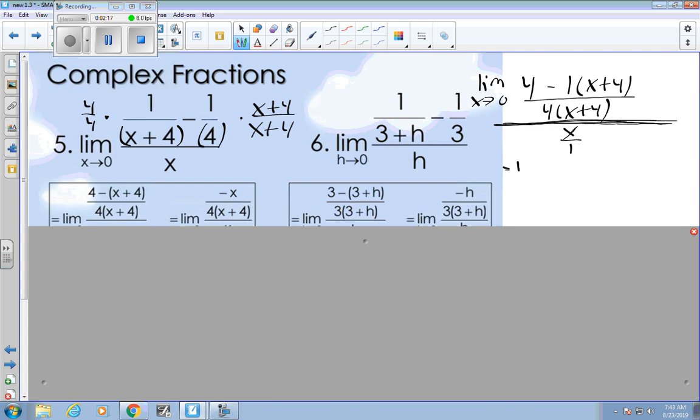So this is equal to the limit as x approaches 0 of, so if I distribute this through, I get negative x, and I get 4 minus 4. So the 4's cancel. I'm just left with negative x over that same denominator, 4 times x plus 4, all over x over 1. Well, then you multiply by the reciprocal of that second fraction, and you see these x's are going to go away here.